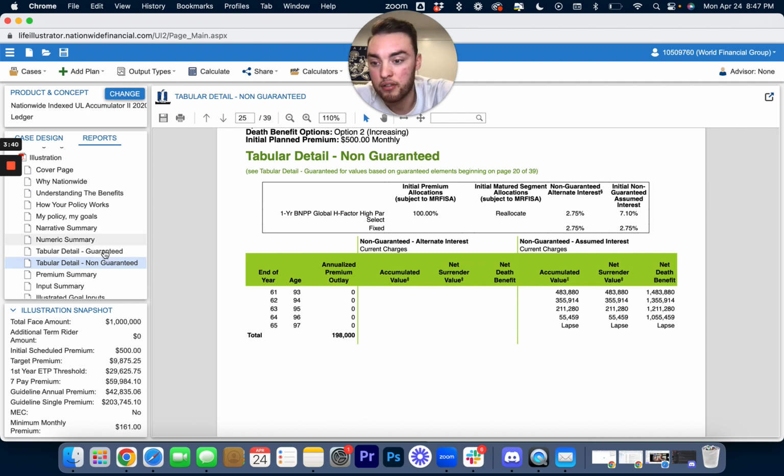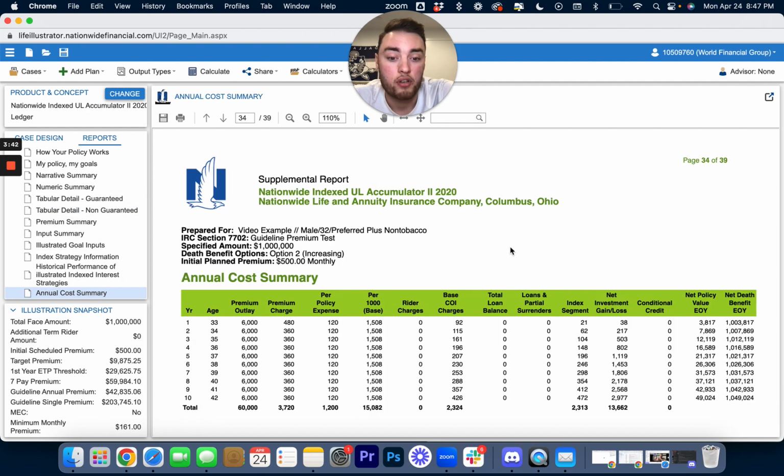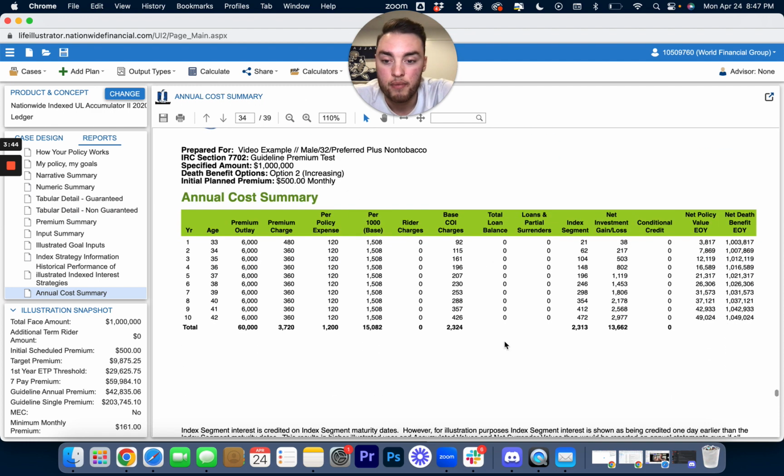Another thing to take a look at here as well is the cost of insurance. We can see here in year one that the cost of insurance for this policy for $1 million is $92. Now this specific IUL that I structure is known to have very low costs of insurance and low fees, which is really why my IUL performs much better than 99% of IULs out there.